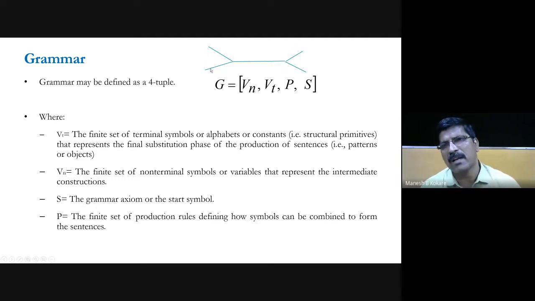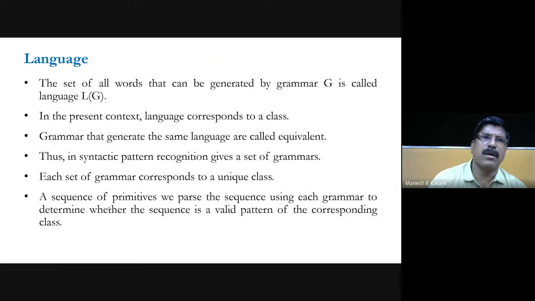As I said, suppose this is the primitive, and I'm representing it as A, this as a B, then this as a B, and this as a B, and then this one as a C. So the language of this class will be A, B, B, B, and C. The language is the set of all words that can be generated by grammar Z. What was the language of this class?